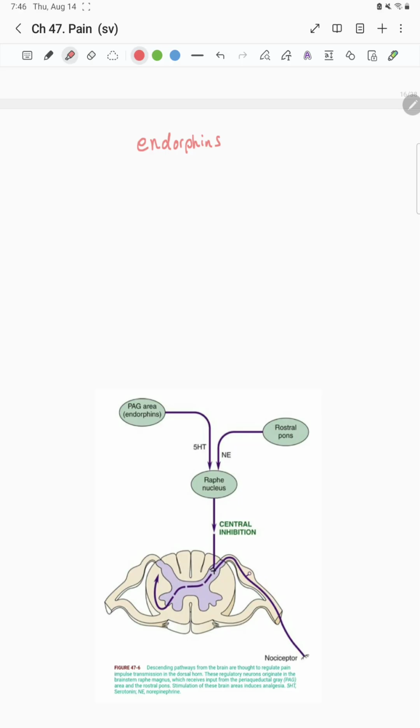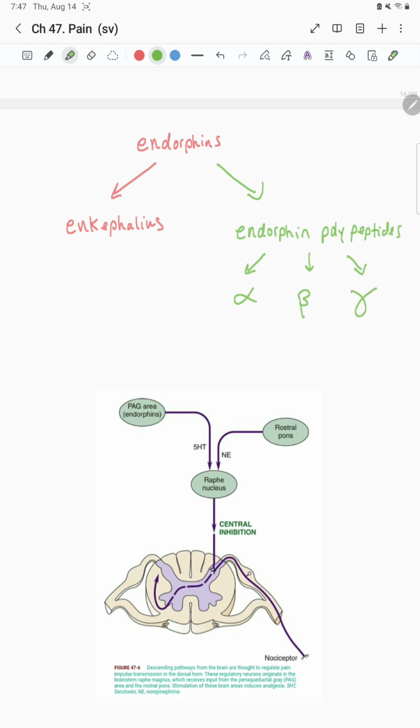And this is broken down into enkephalins and endorphin polypeptides, and there are three of them, and it is the alpha endorphins, the beta endorphins, and the gamma endorphins.